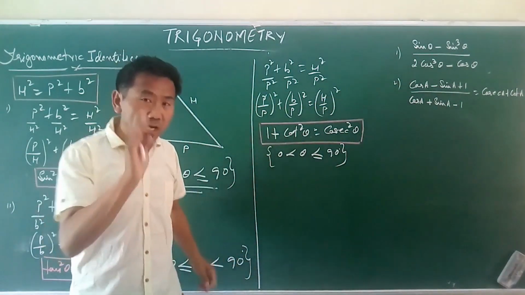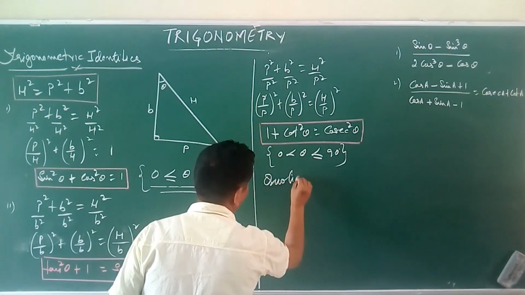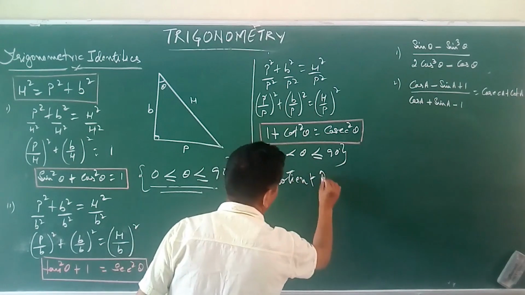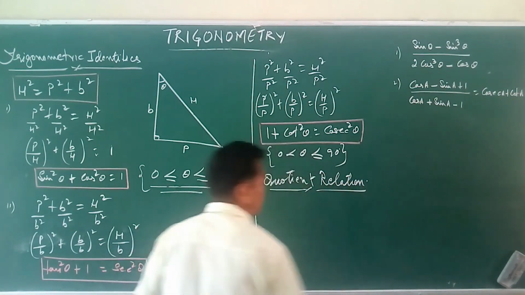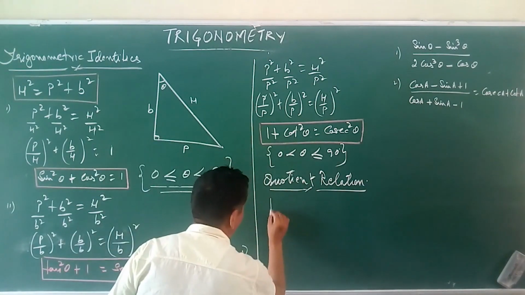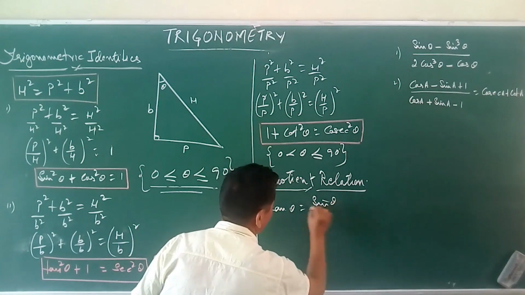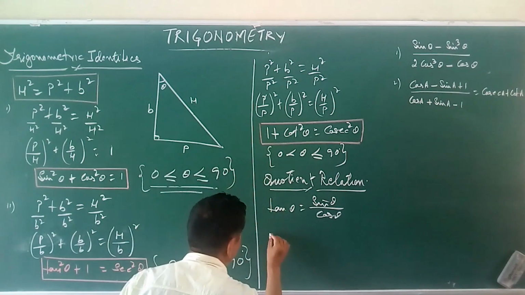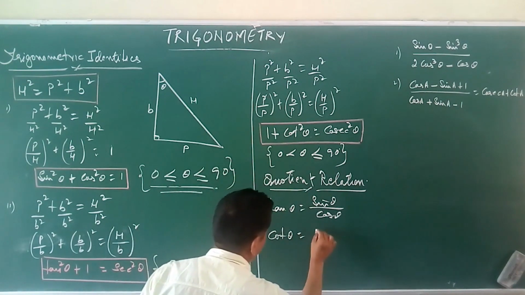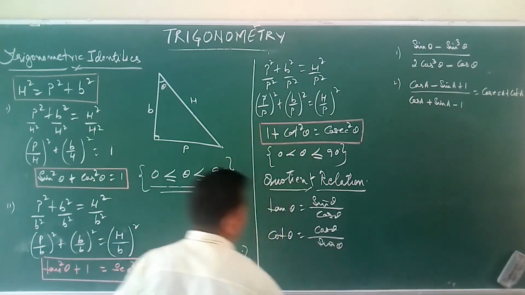And then there is another relation here, the quotient relation, which says tangent of theta is sine theta divided by cos theta, and the inverse of this, cot of theta, is equal to cos theta divided by sine of theta.